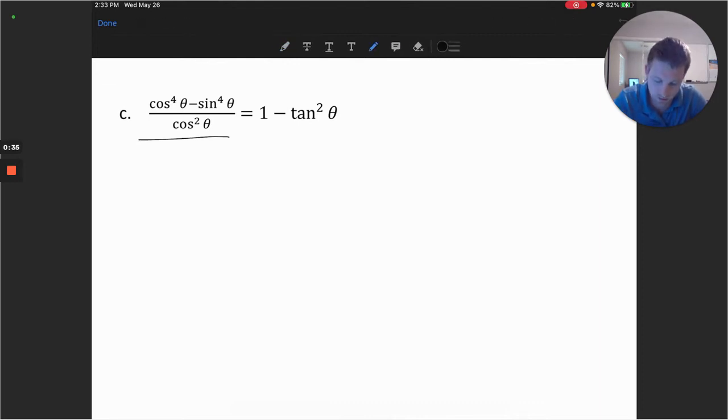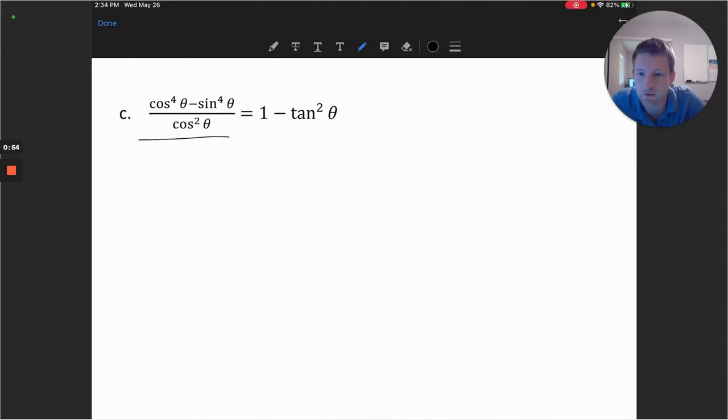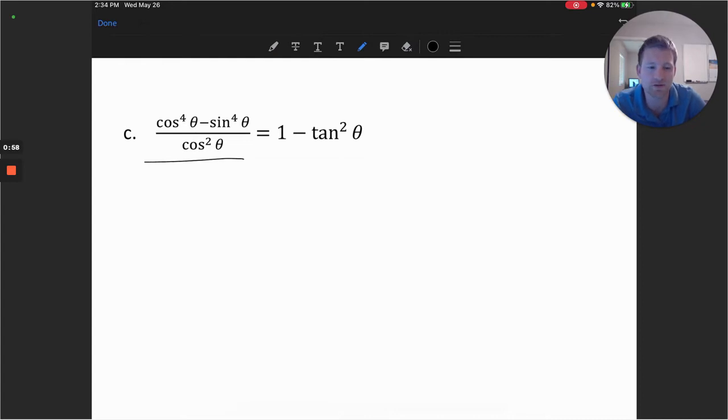and then we'll consider what it's going to look like if we do some factoring techniques and possibly some cancellations. So let's consider first looking at the cosine to the fourth minus sine to the fourth. This might take a little bit of reaching back into our algebra toolkit to see that this numerator here is really a difference of squares.